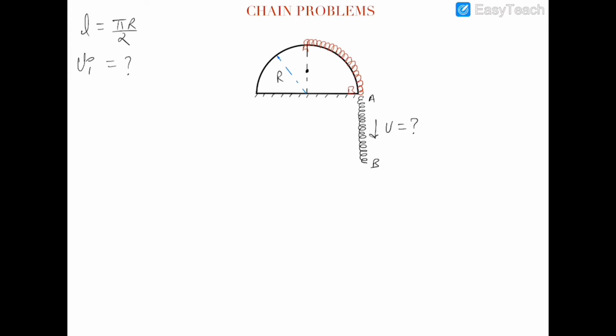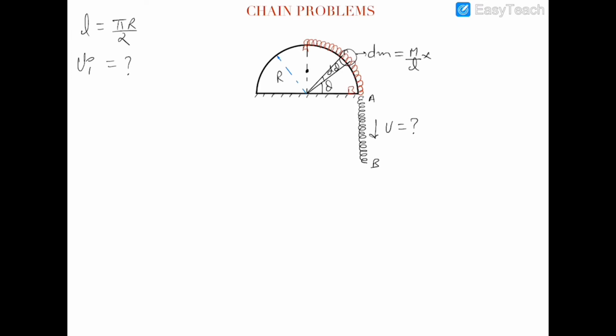To calculate this initial potential energy, we can see that there is a small element d theta. This angle is theta. So this element is dm, a small element, and this dm will be equal to m by L, where m is the mass of the chain, into this length.